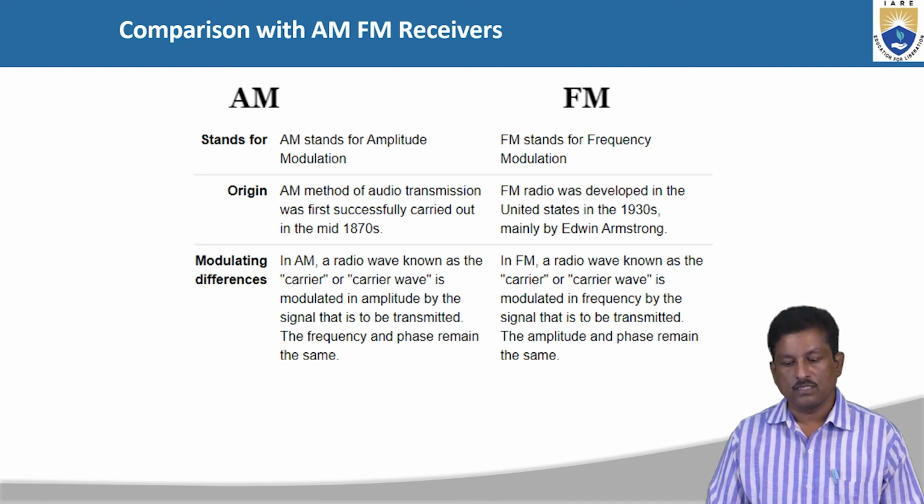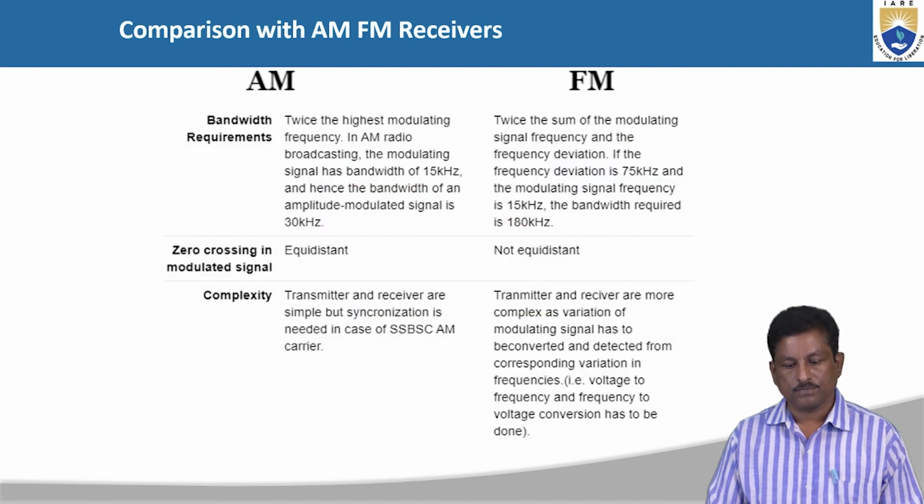The only variation is that in FM, the frequency of the carrier varies according to the instantaneous value of the modulating signal. Whereas in AM, the amplitude of the carrier signal varies according to the instantaneous value of the modulating signal. That is the difference between the AM receivers and the FM receivers.